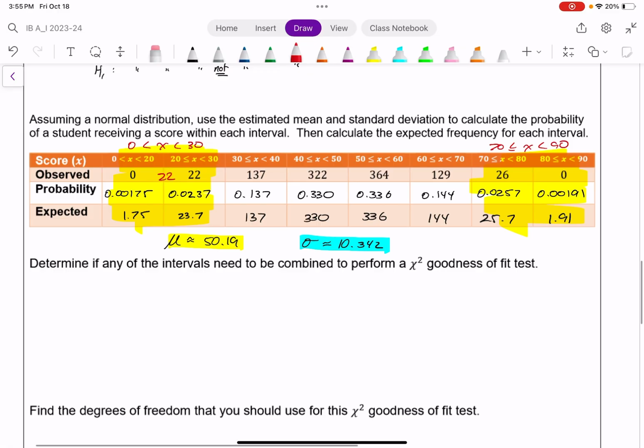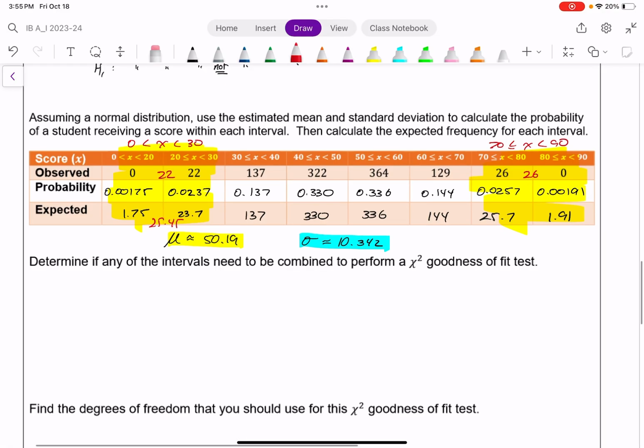So 22 observed. And if I add these together, I get 25.45 expected for those. Merging the last two, I have 26 observed, and my expected is 27.61.